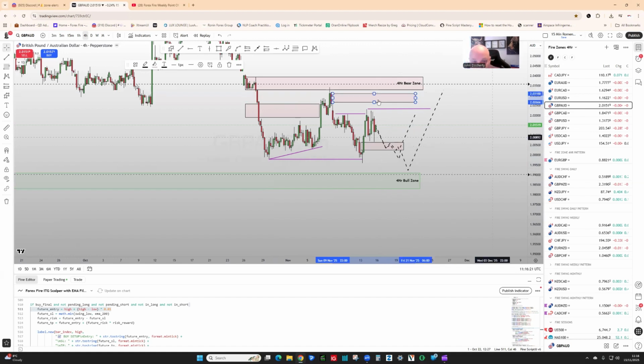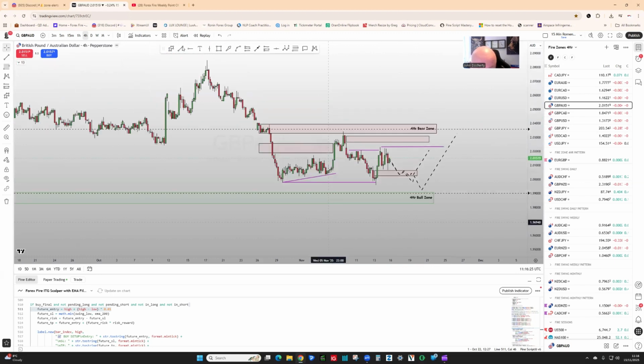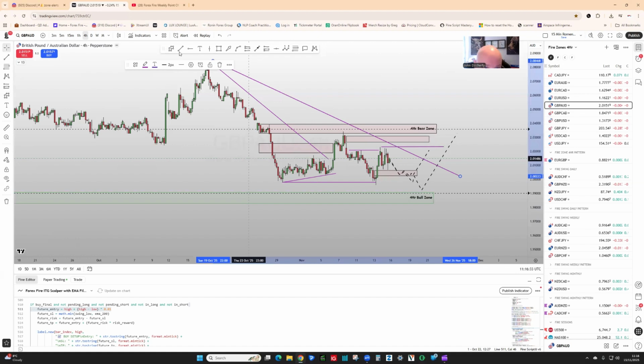So on the preference of what I'm seeing at this moment in time, I think we are moving down. It is struggling. It's come through these levels right here, so it is, for me, very much a bearish area at the moment.